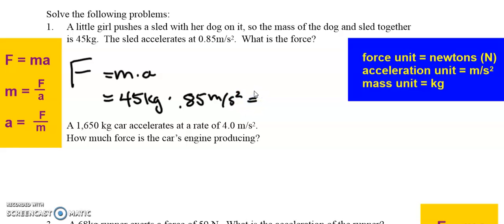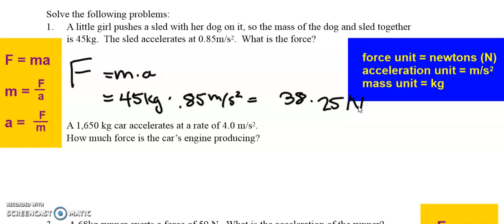When we do that, I have already calculated it, we actually get a force of 38.25. Remember, you're supposed to always round everything to the nearest 100th. What is our unit for force? It is newtons, so we'll just put a capital N there.